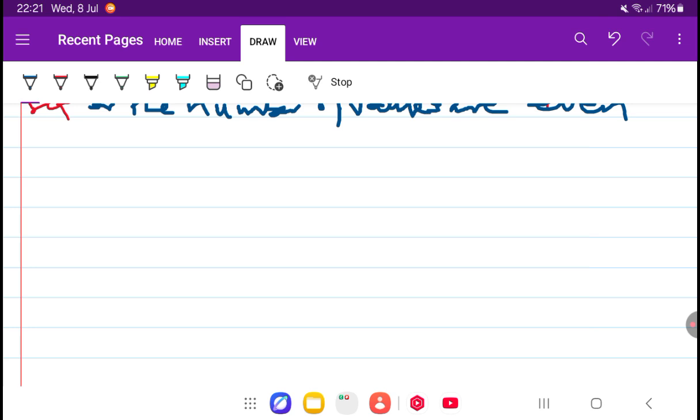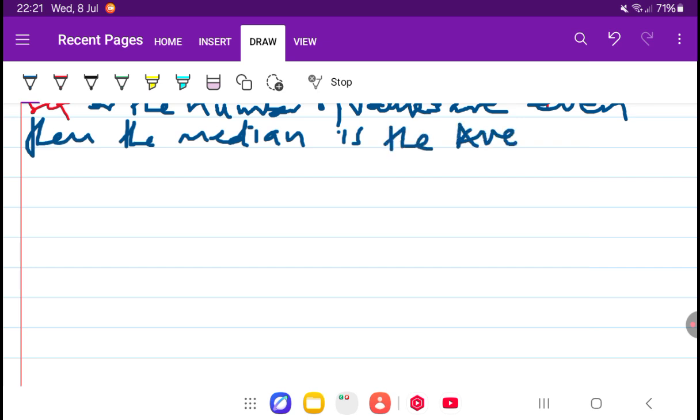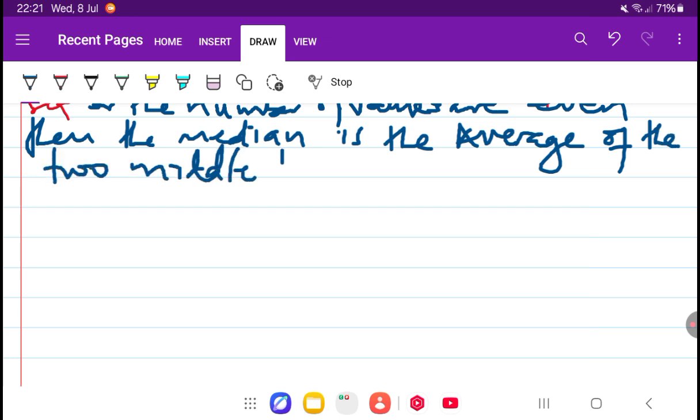So if the number is even, then the median is the average of the two middle terms or middle values.